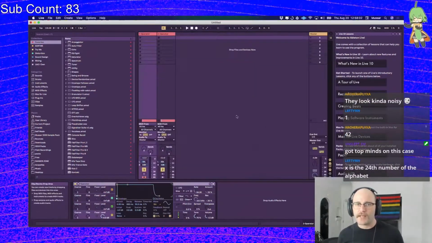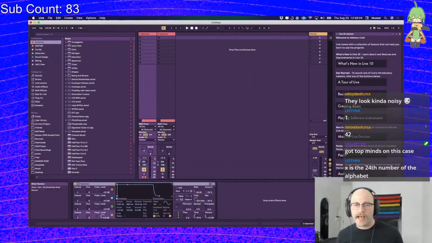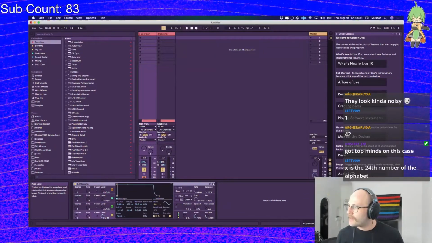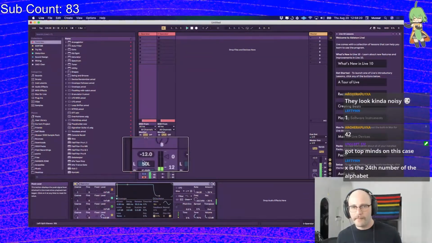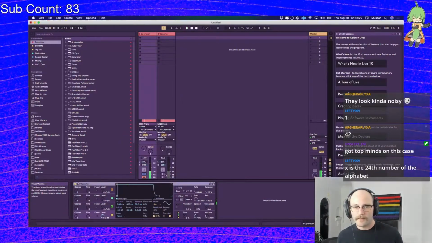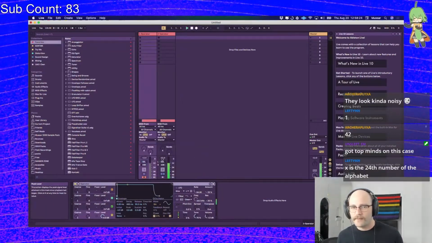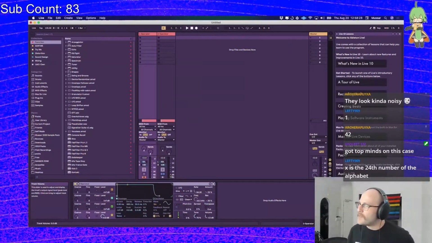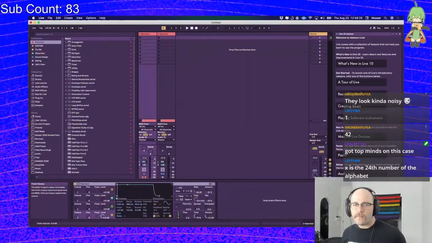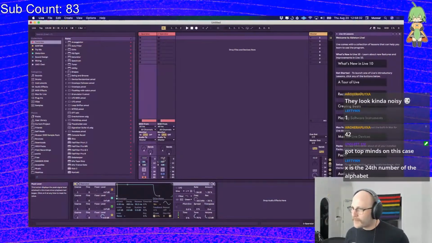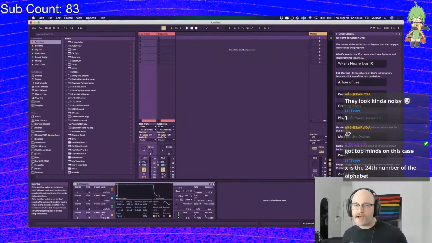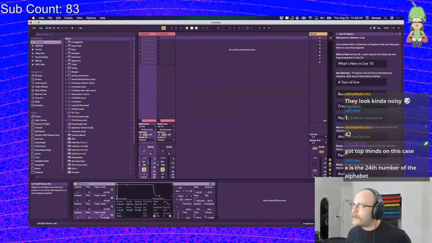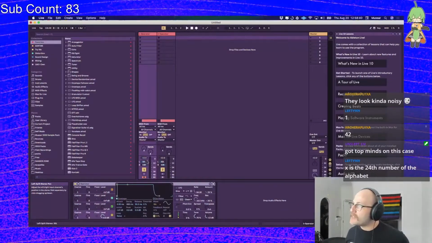If we jump over here and we look at these three number values, this sine wave, minus 12. This sine wave, minus 12. So if they are summing together, minus 12 plus minus 12, this is going to be where the math gets kind of weird. What do you think is going to happen when you add together minus 12 decibels and minus 12 decibels?